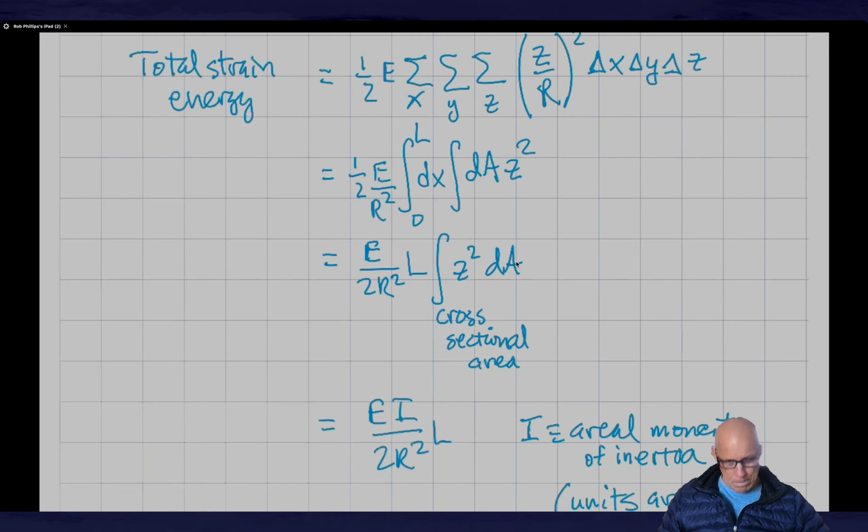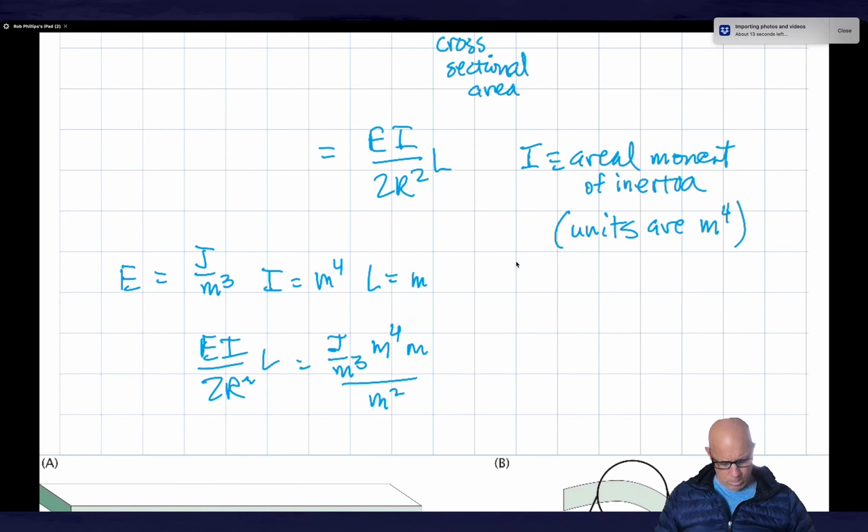What you can see here is that there's meters to the fifth downstairs, there's meters to the fifth upstairs, and so we're left with joules.